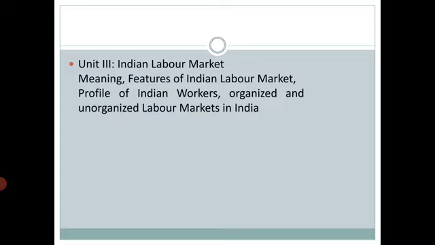So what is the situation of laborers in the Indian market? What we will see is the meaning of Indian labor market, then the features of Indian labor market, then the profile of Indian workers, organized and unorganized labor markets in India.